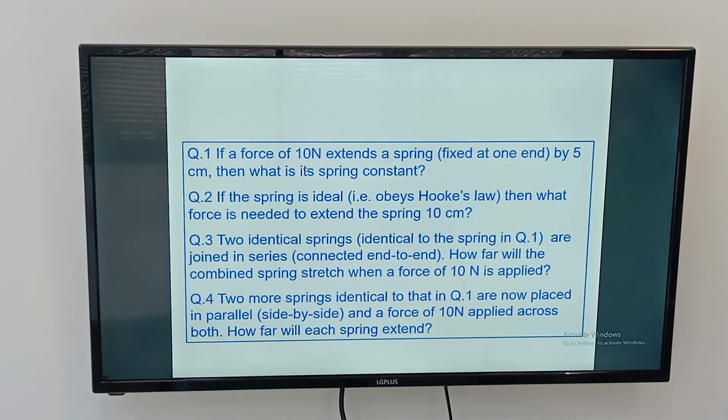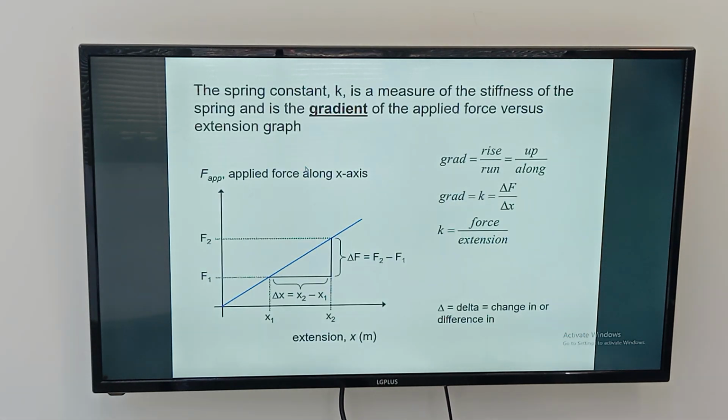Sometimes instead of using the word extension in the question, they might use the word length, which has the exact same meaning because it is the measurement that the spring will move.